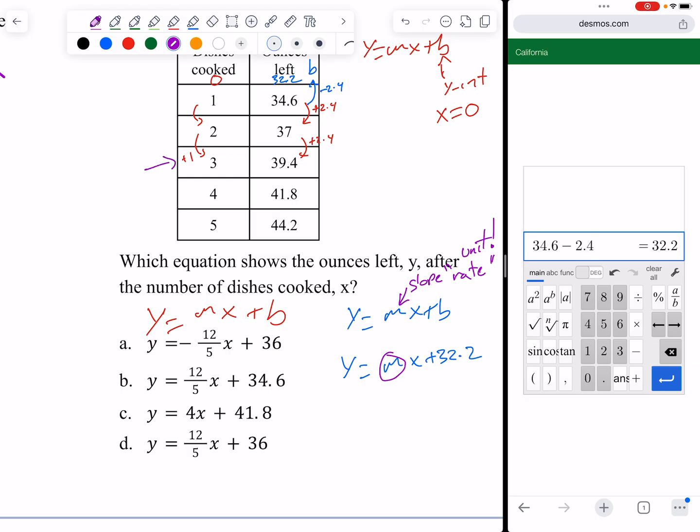So for every one that's a unit, what did you move? 2.4. Now here's where I told you in another video, you're like, wait, there's fractions. So notice the only fraction there is 12 divided by 5. So 12 divided by 5 is 2.4. Look at that. So y equals 12 divided by 5 x plus 32.2.